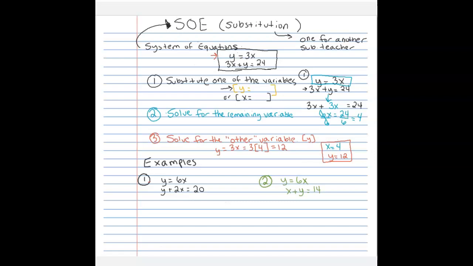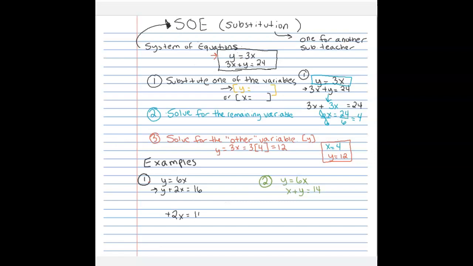First up, we're going to substitute one of the variables. Because we have a y equals, I'm going to rewrite this equation down here, but I'm going to leave some space. I'm going to skip the y for right now, so I just have plus 2x equals, actually, I'm not going to make this 20. Let's make this 16.